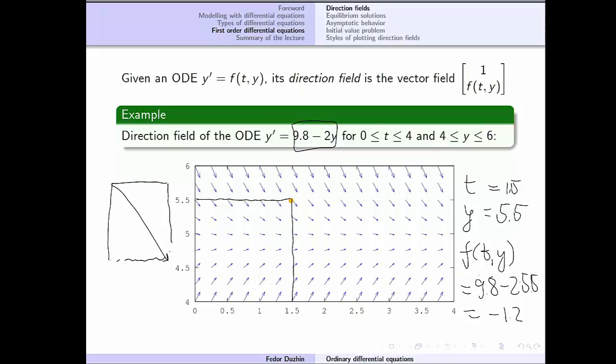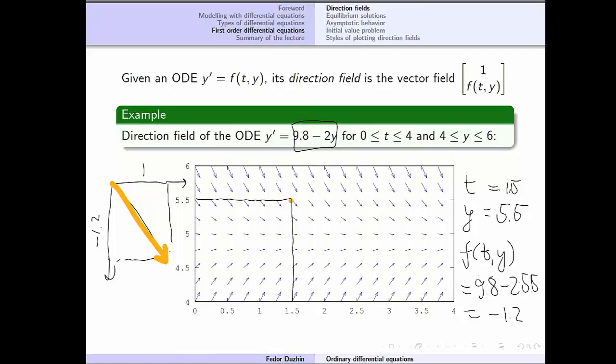So it is something like this. This is 1.2, this is 1, and the vector looks like this. The coordinates of this vector are 1 and minus 1.2, of course. That's why it points a little bit downwards.